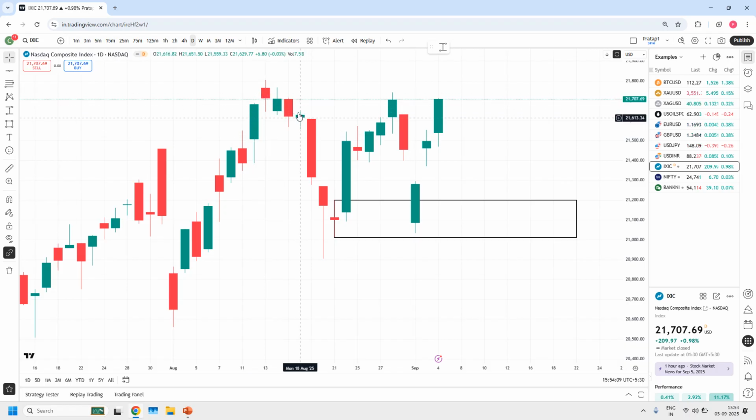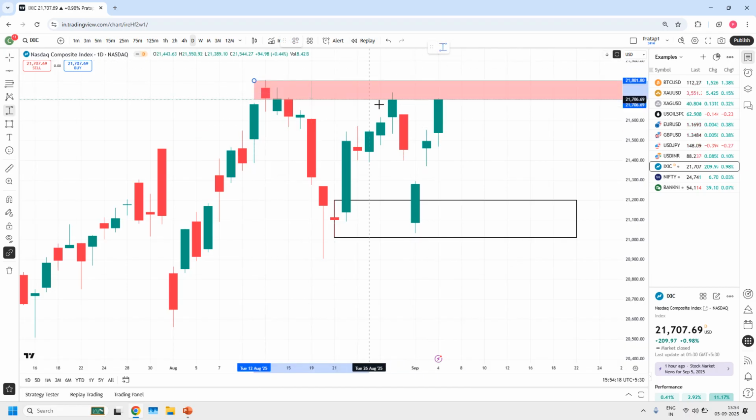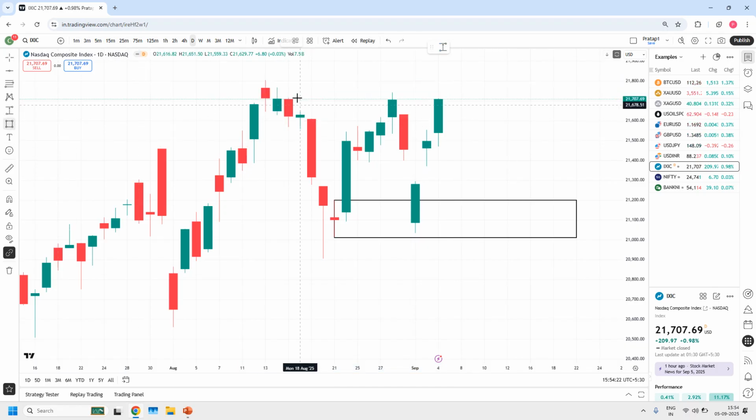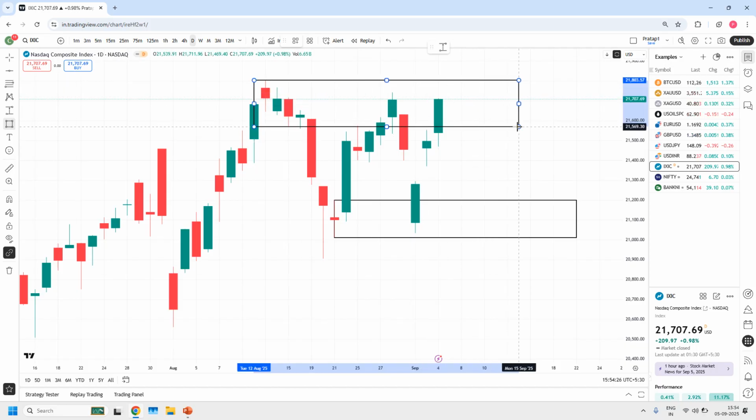You have 1, 2, 3, 4 base candles, and then you have a drop candle. So that means from the demand zone, prices reach the supply zone.